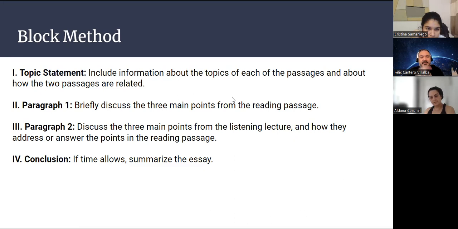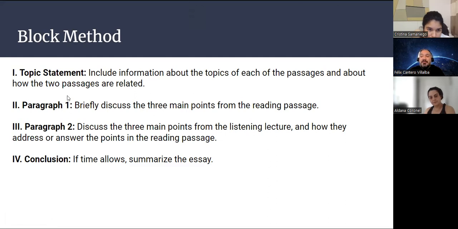So the reading passage explains that emotions are naturally innate. However, the lecturer cast doubt on this idea, explaining that they are socially constructed. That's it. But what changes is we have only 2 paragraphs instead of 3. Before it was 3, 1 for each point made, right? In this case, it's just 2.